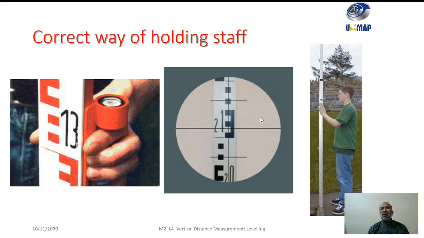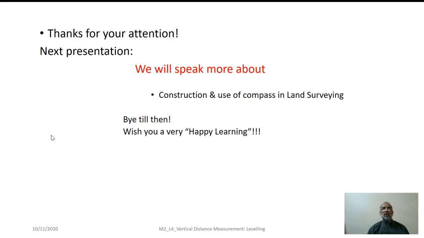In order to ensure the verticality of the staff, we can take reference to the vertical hair, even the horizontal hair, but it's better to make use of the bubble level that is provided on the staff. It may be provided on the backward side or sideways, but as the person who is holding the staff looks towards the position of the bubble, he will be able to understand whether the staff is vertical or not.